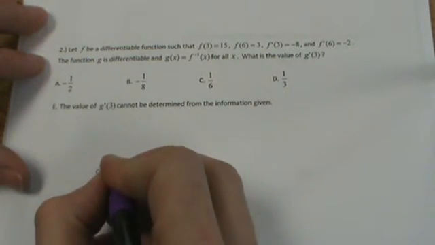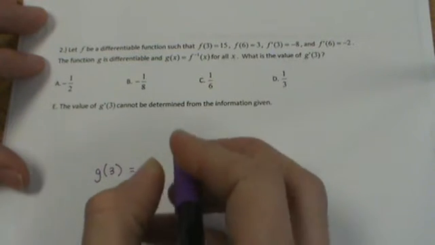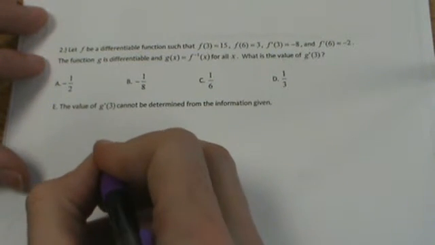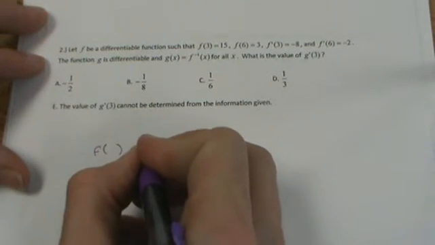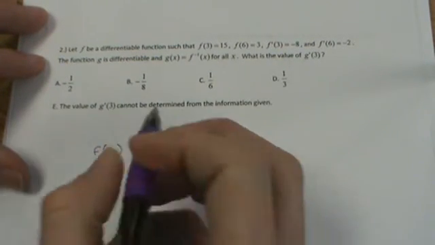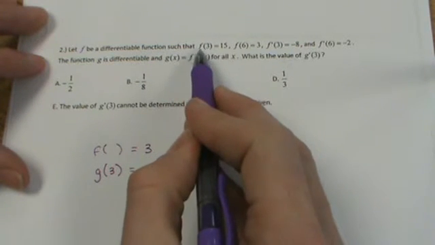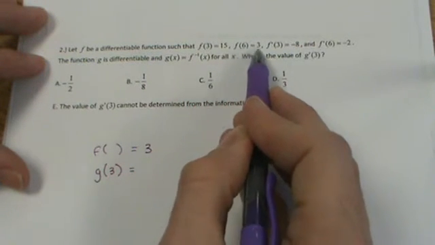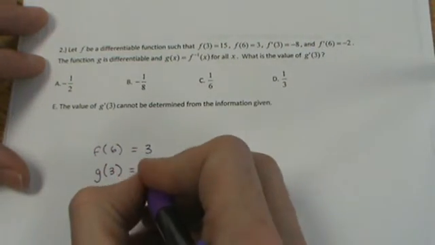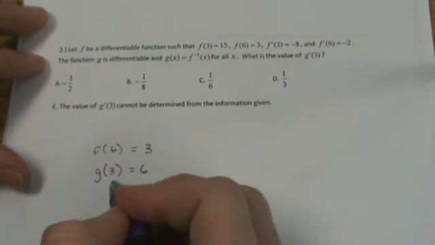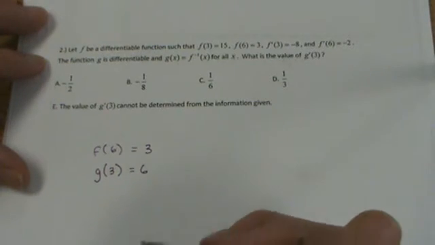So g prime of 3. Well, that means that g of 3, f of something has to equal 3. Look at our information here. We have f of 3, we have f of 6. There it is, equals 3. So these are your corresponding points, 6, 3, and 3, 6.